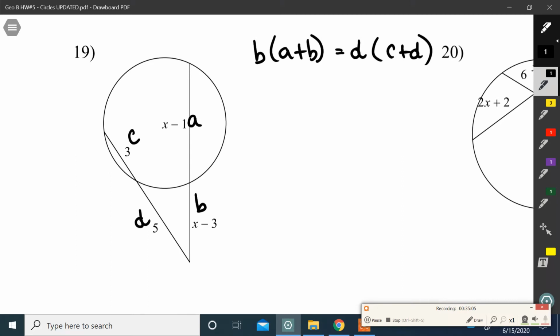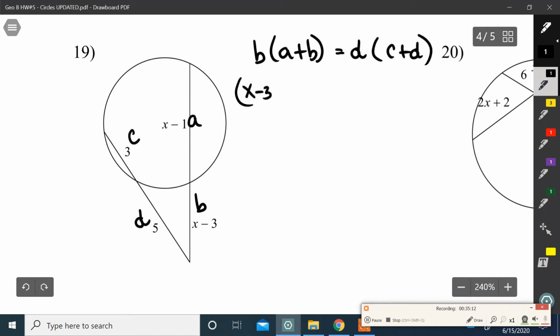Alright, so the B in this case is x minus 3. The A is x minus 1. The B, once again, is x minus 3 is equal to, the D is 5, the C is 3, and the D is, once again, 5 one more time.